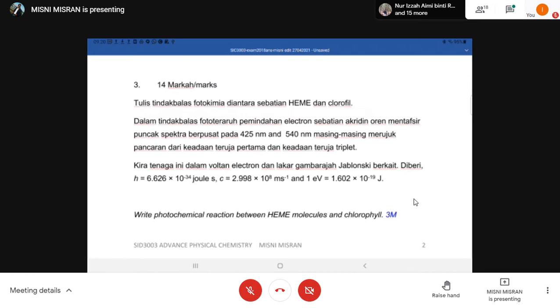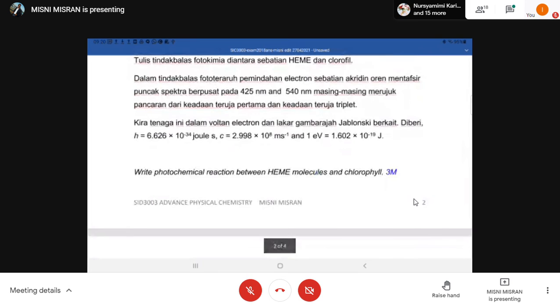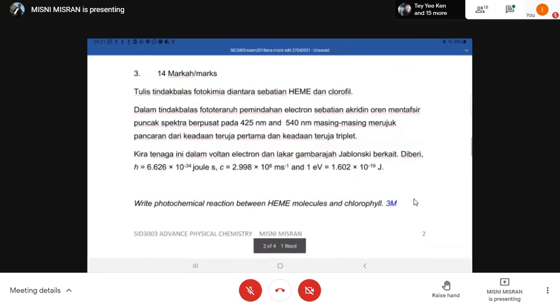The questions you are given some constants, so you don't have to look up all these constants from the book of constants. Normally I give all the constants so that it's easier for you to use them in your calculation. All right.